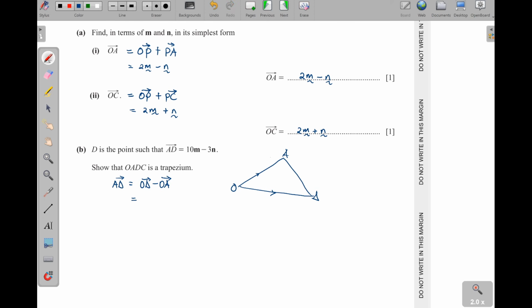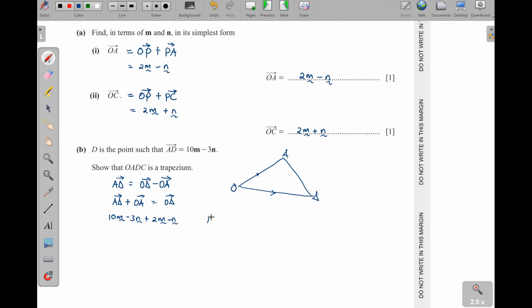So OD, do we have it? No, it is the one actually we are going to look for. So we have AD, then plus OA. This one should give us the OD. Now, this is 10m minus 3n, then plus OA, which we have as 2m minus n.